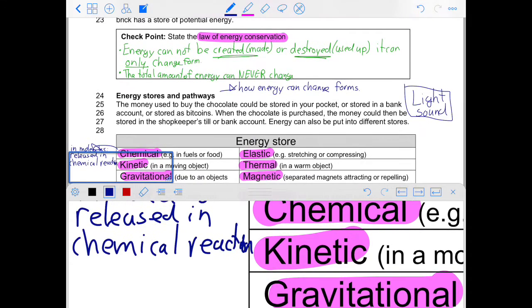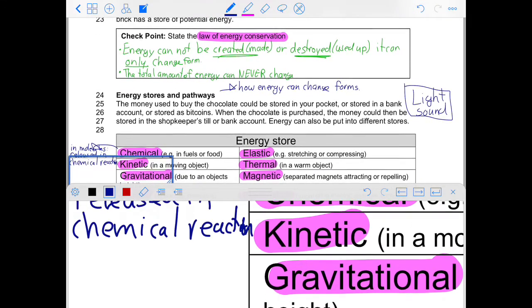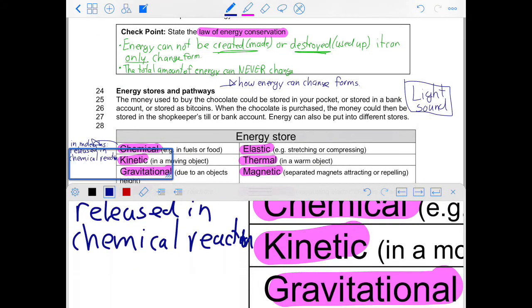And you'll learn more about different chemical reactions in chemistry. Kinetic is the energy in a moving object. If you're walking slowly and you run into your mate, it's very slow, so you don't have a lot of energy. If you're running full tilt and you bump into a mate, you have a lot more energy.